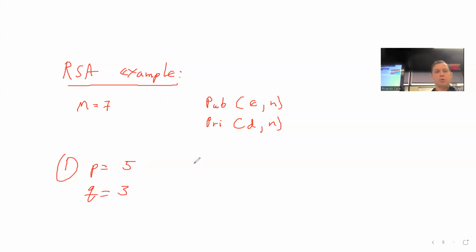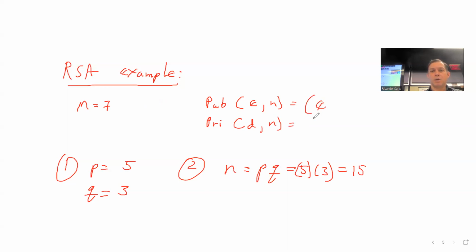Step number 2 is to calculate N. That should be P times Q, so 5 times 3 equals 15. And we already have our N. So over here, E, D, and then this is 15, and this is 15. Does that make sense?